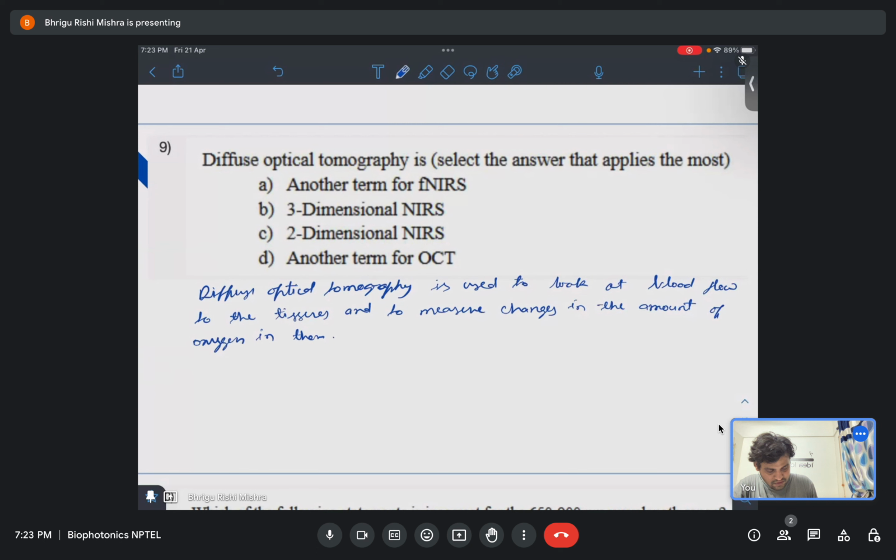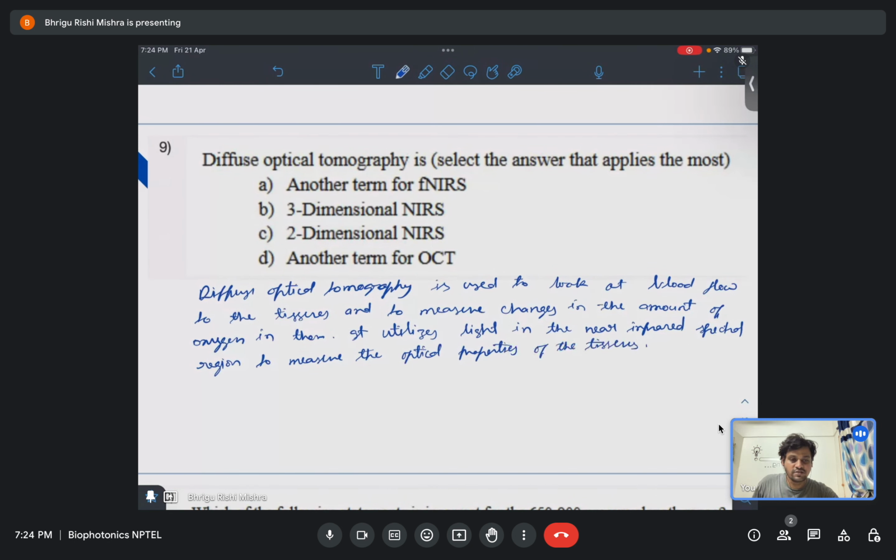It utilizes light in the near infrared spectral region to measure the optical properties of the tissues.